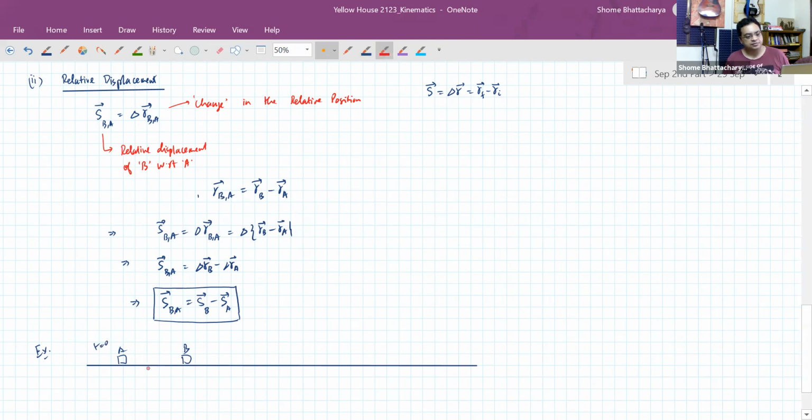Then after some time, A makes a displacement of plus 2 meters, and during that same amount of time, B makes a displacement of plus 6 meters.